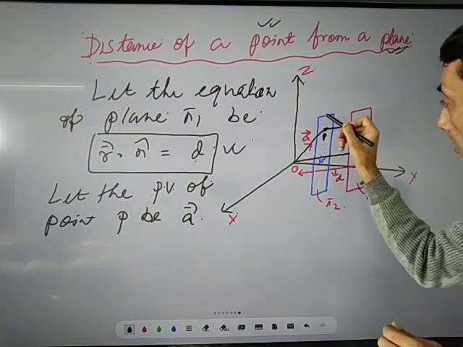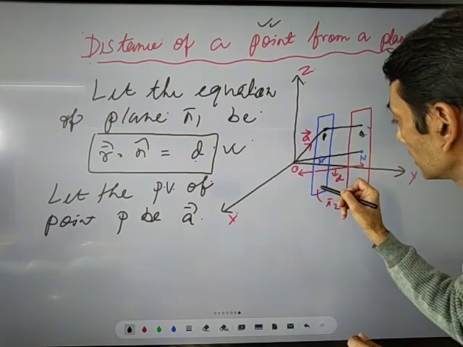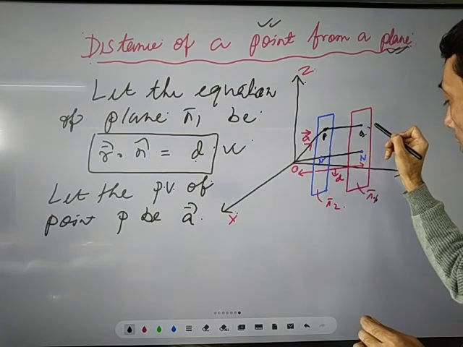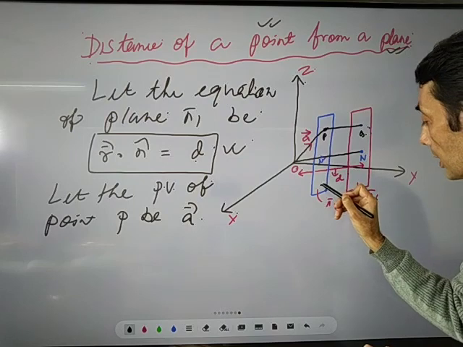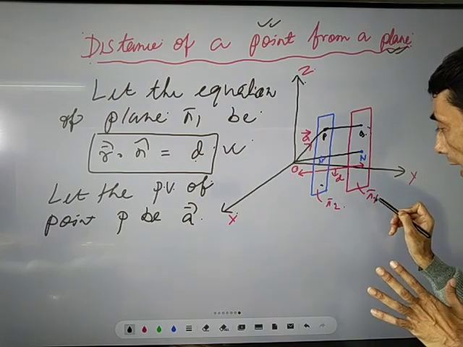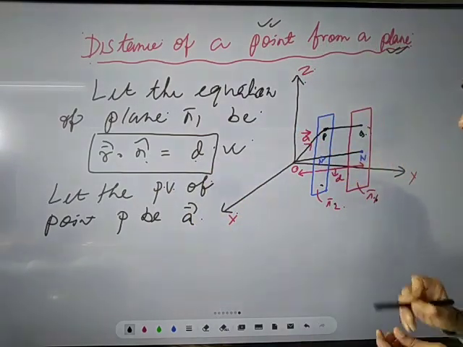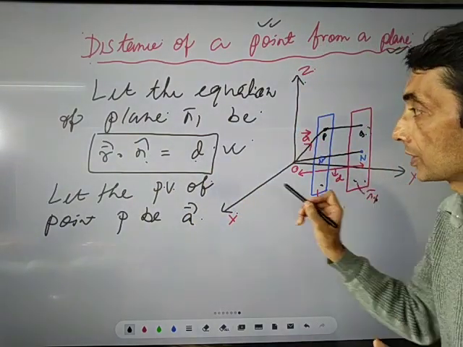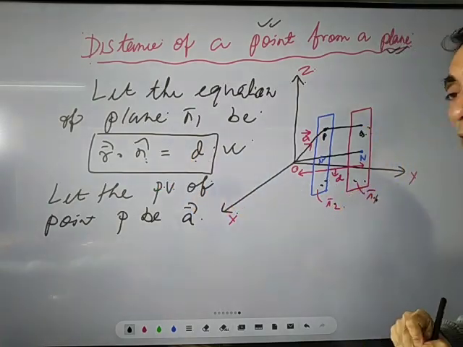We construct this blue colored plane, which passes through P and is parallel to pi 1. Here n cap is the unit normal vector to pi 1, and since these two planes are parallel, n cap is also perpendicular to the plane pi 2.